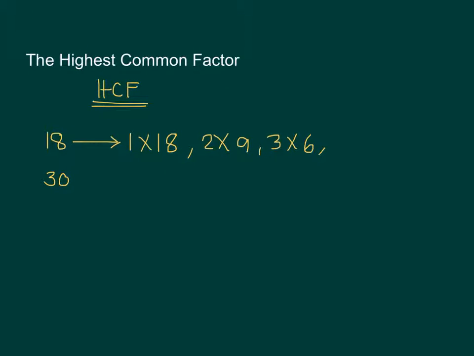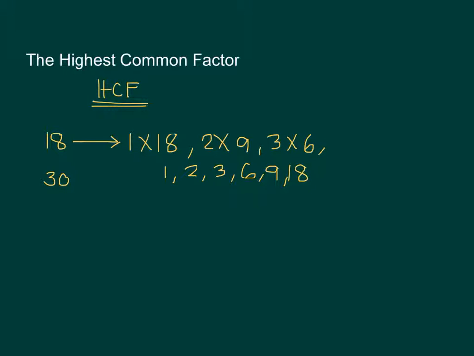And that's it. Basically, those are the combinations of numbers that will produce 18. So the factors of 18 are 1, 2, 3, 6, 9, and the number 18 itself.